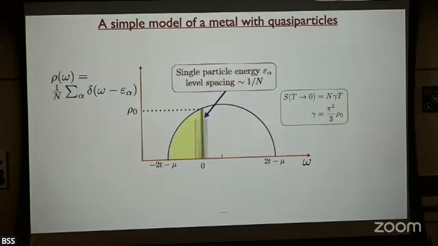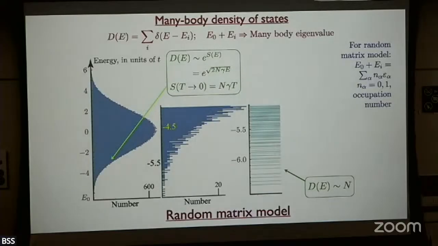What you're familiar with is this expression, but this is in the canonical ensemble. You just convert it to the microcanonical ensemble by a Lagrange transform, and that turns out to be N times square root of E. So you notice E is of order N, and so this whole thing is of order N. It's exponentially large in Avogadro's number. And the number gamma here is the same as the gamma there. So if you numerically looked at this, it should fit, at least to leading exponential, this form.